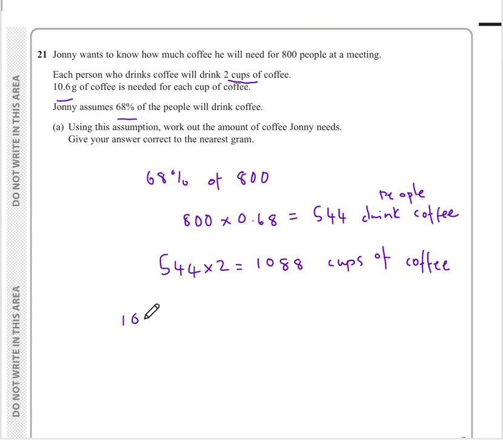So let's multiply those two. It's going to give me 11,532.8. And we want to round that to the nearest gram. So that's going to be 11,533 to the nearest gram.